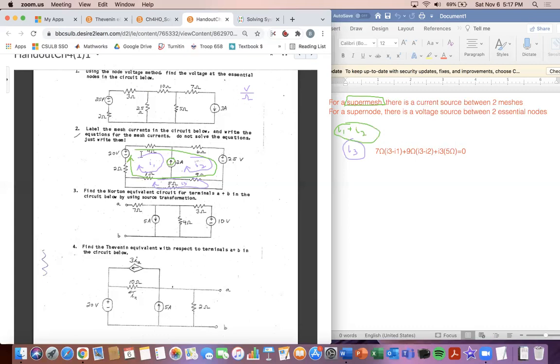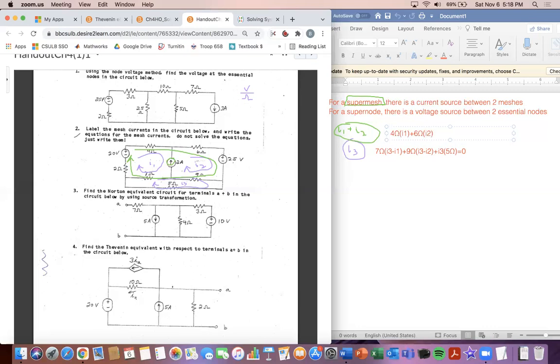It's going to have the 4 ohm resistor multiplied by I1, so 4 ohm I1, plus this 6 ohm times I2.